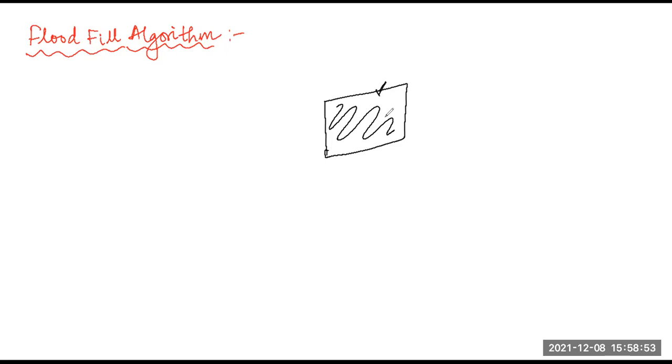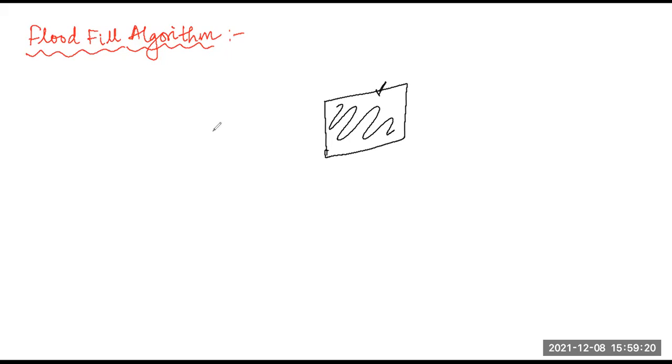So this algorithm has great similarity in its operating principle with that of the boundary fill algorithm, but it is particularly useful when the region to be filled has no uniformly colored boundary. That means it can fill an area that is not defined with a single color boundary.